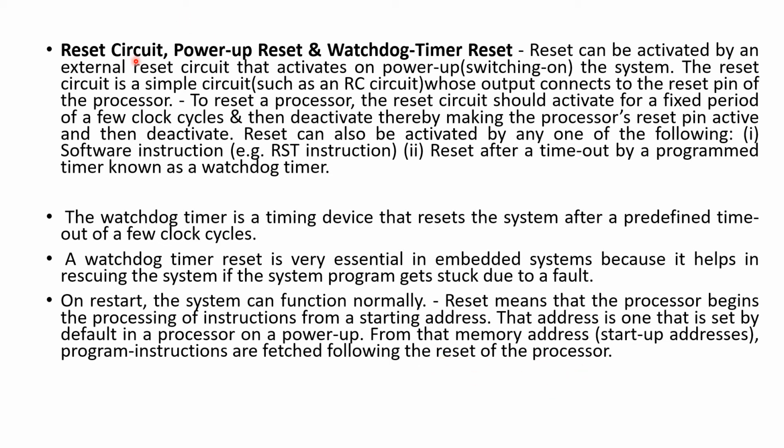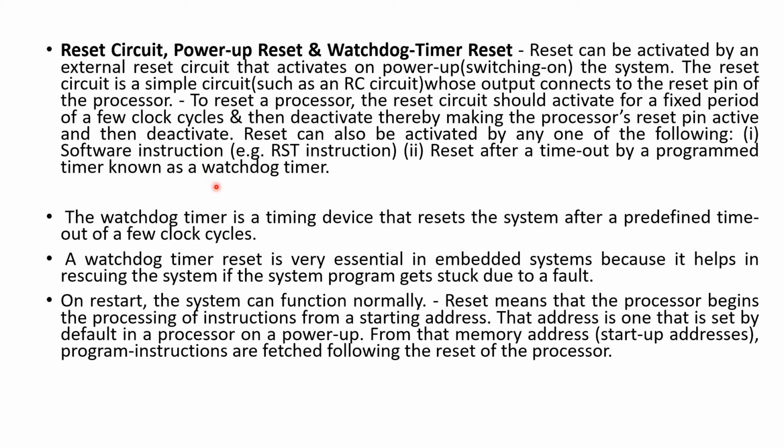This reset of the processor can be provided by an external RC circuit which is connected to the reset pin of the processor. So how are we going to reset the processor? We activate and deactivate our reset circuitry for a fixed period of time, thereby making the processor's reset pin active and inactive. Reset could also be activated by a software reset instruction or by a programmed timer.